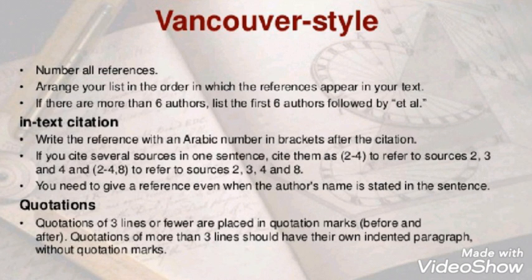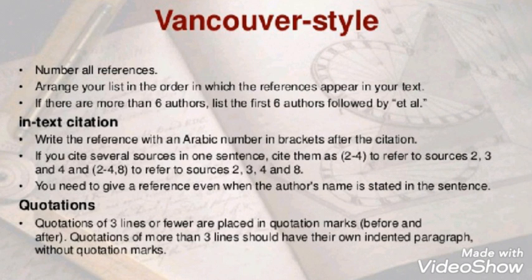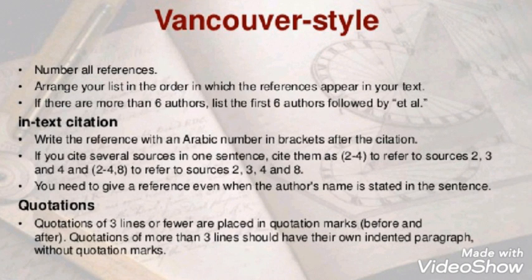So you should write Arabic numbers, meaning normal numbers, in brackets. If you cite several sources in one sentence, cite them as 2-4 to refer to sources 2, 3 and 4, and 2-4, 8 to refer to sources 2, 3, 4 and 8.